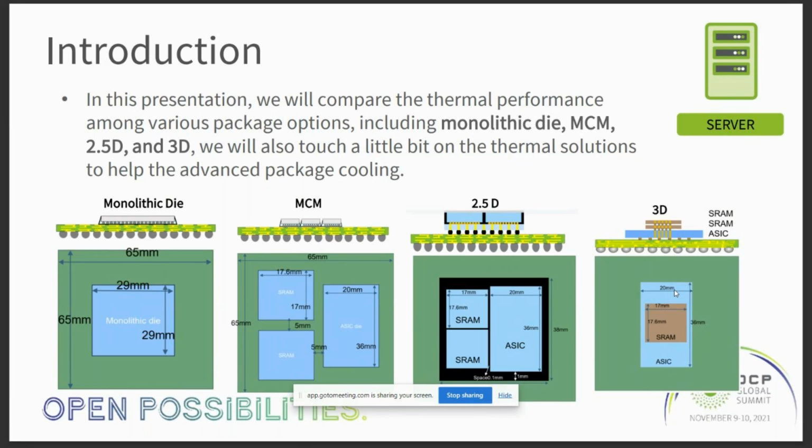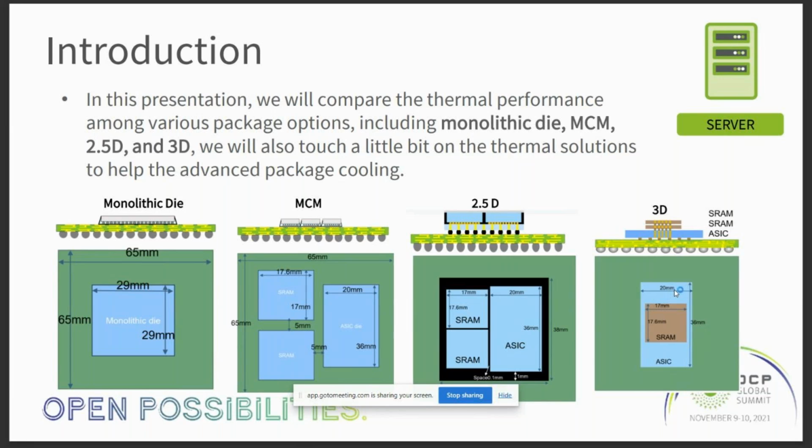There are two approaches. The first approach is that we consider all the detailed features of the microbump, which means in the simulation we can model all the detailed bumps. Another option is that we use an effective material property to model the entire area. For this study, we use the second approach. Take a 3D stacked die, for example.